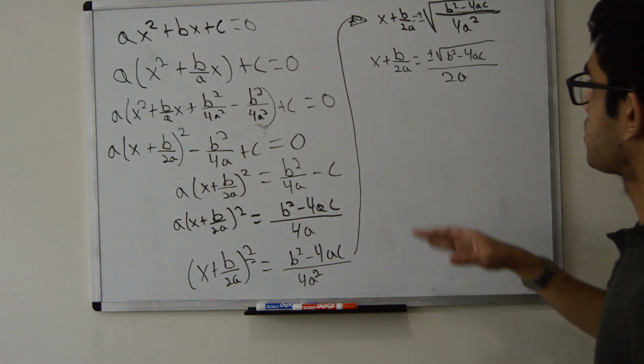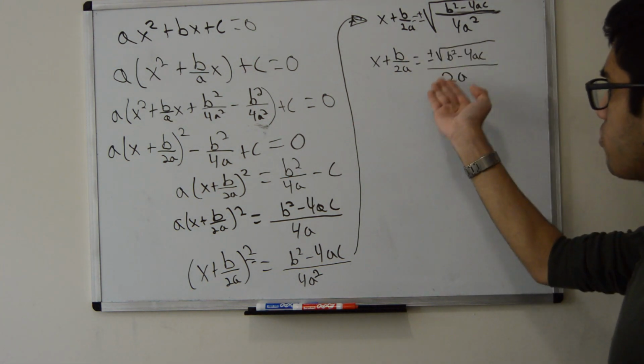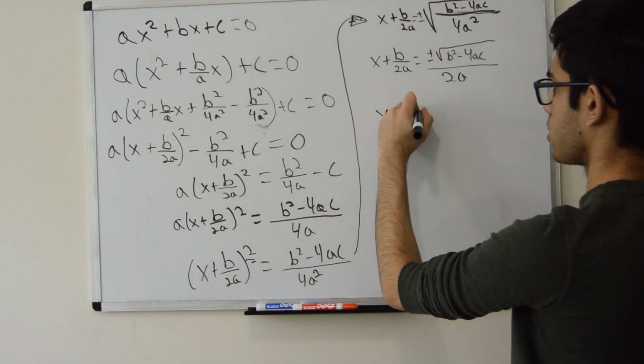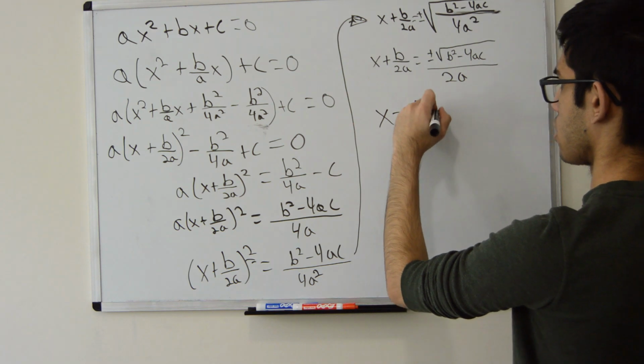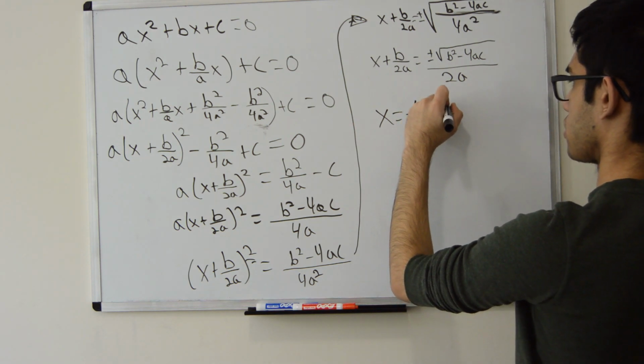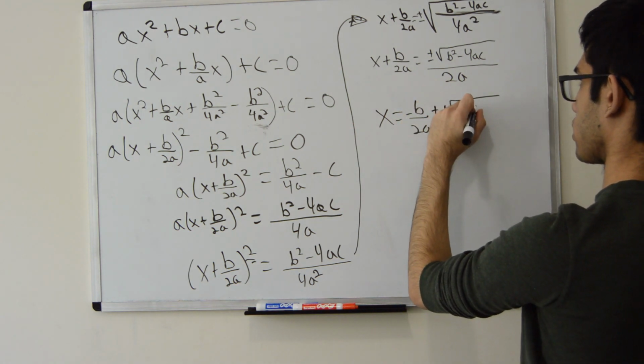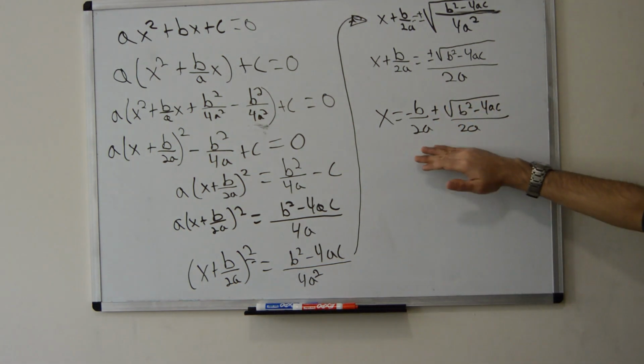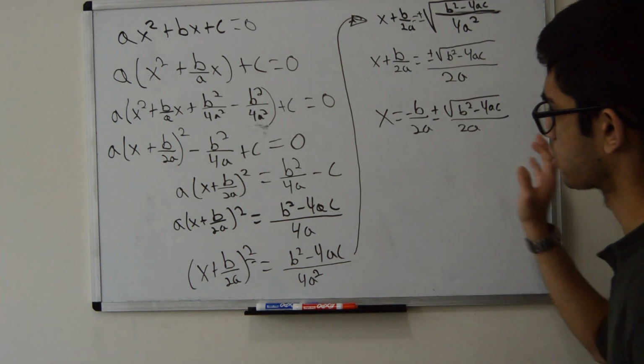And the reason I did that is because now I can bring the b over 2a onto this side. So it's going to be negative b over 2a plus or minus the square root of b² minus 4ac over 2a. If it's a common denominator, then I can go ahead and collect the terms.